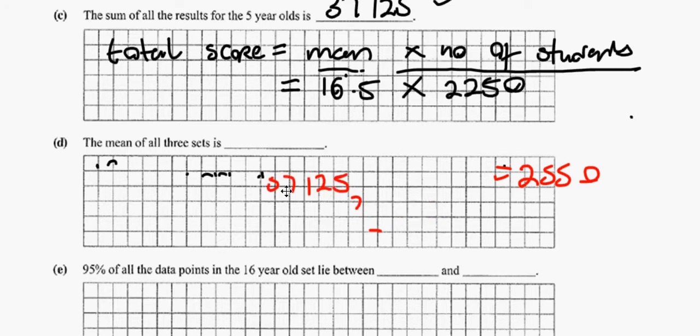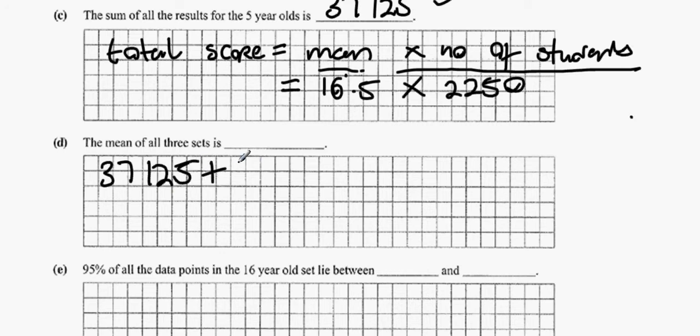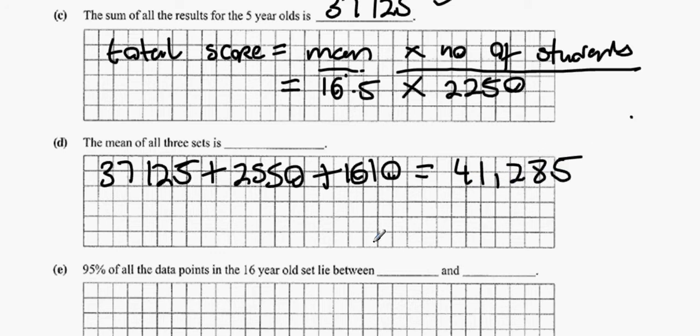So we're going to get our 37,125 plus 2,550 plus 1,610, and that means that the total result is going to be 41,285.